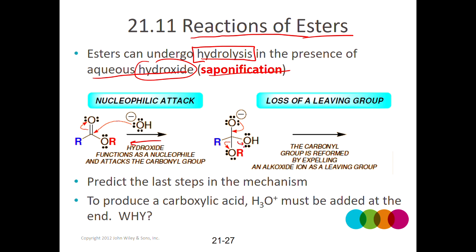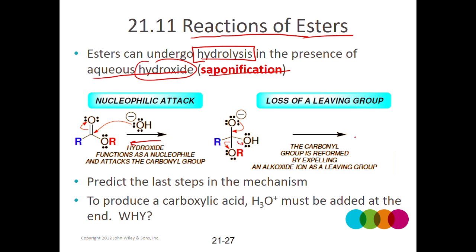In this case, though, the OR is a better leaving group than the OH, mainly because of sterics. The OR, the other R, and the OH, everything in here is a little bit crowded. So if the electrons swing in and the OR group leaves, that will alleviate some of that sterics.